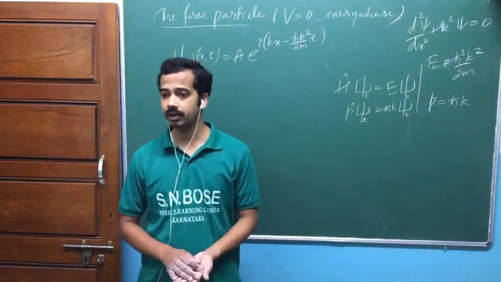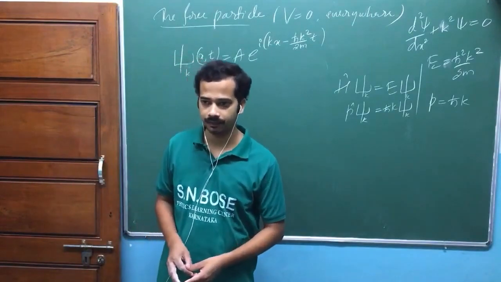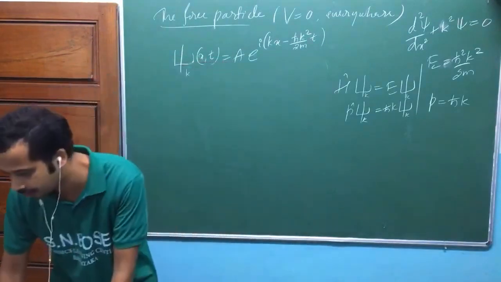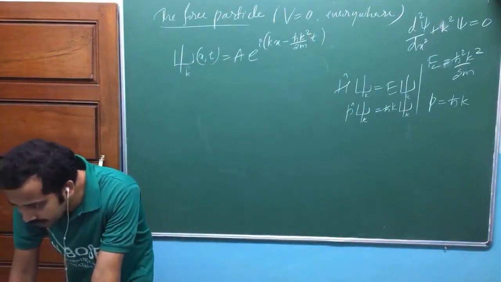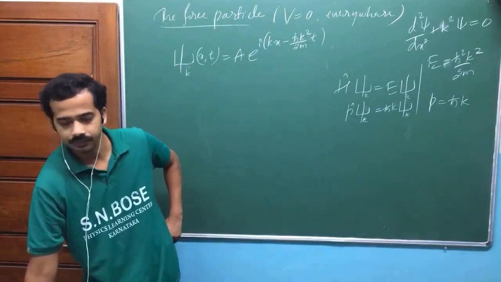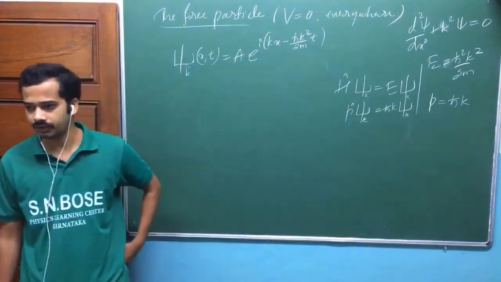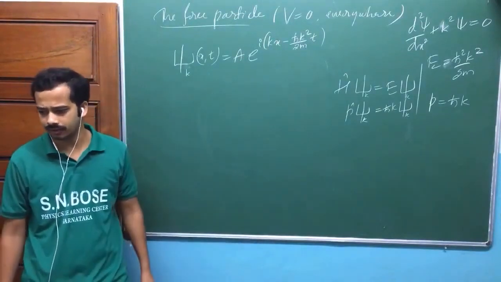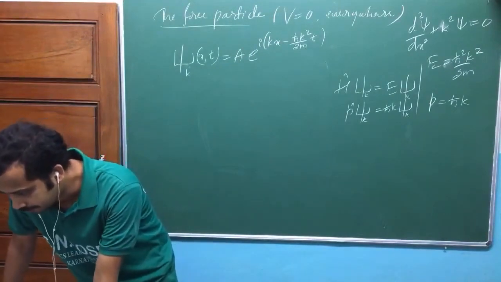If it becomes a definite momentum state, position uncertainty will become infinity. You can interpret both things like that. A particle cannot be in any stationary state. That's correct. A free particle cannot be in any stationary state. Stationary state means definite energy state. That's the correct interpretation.